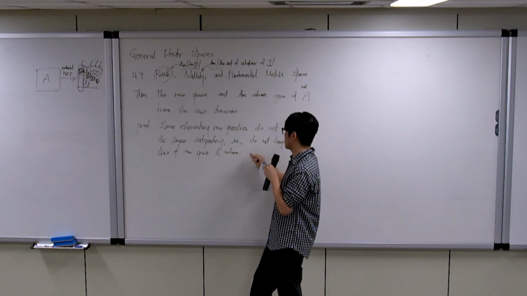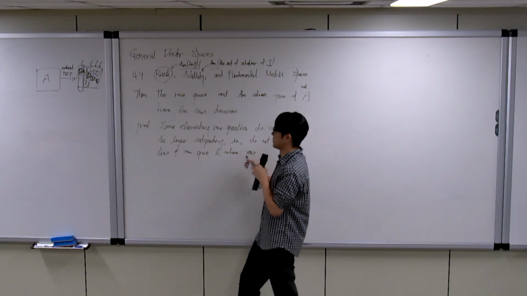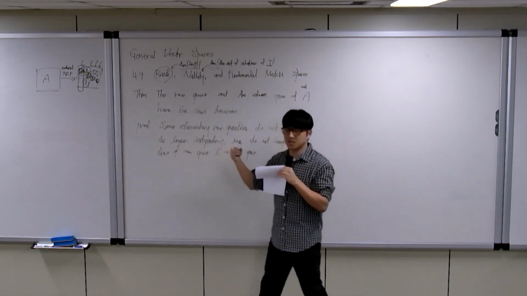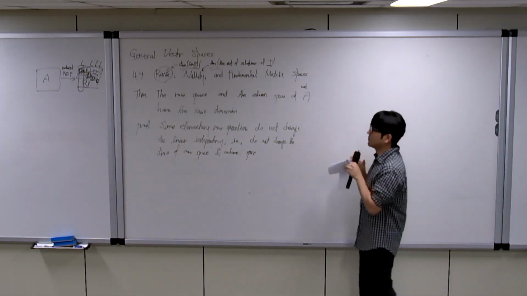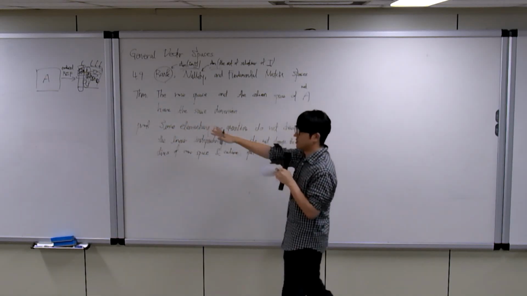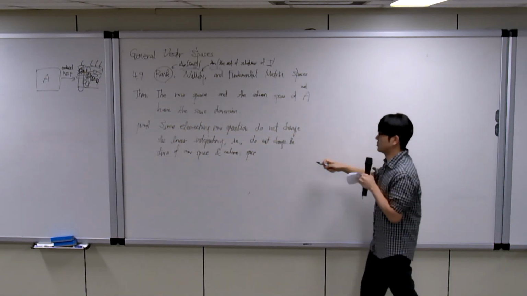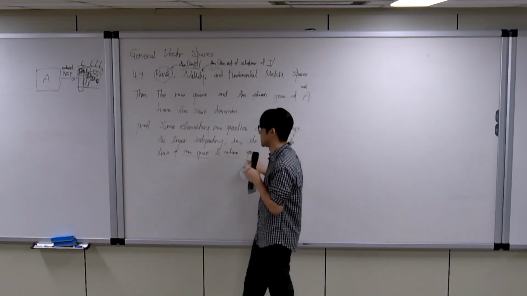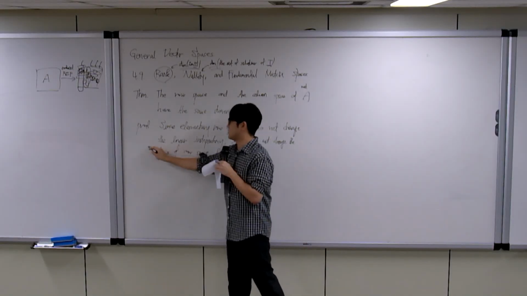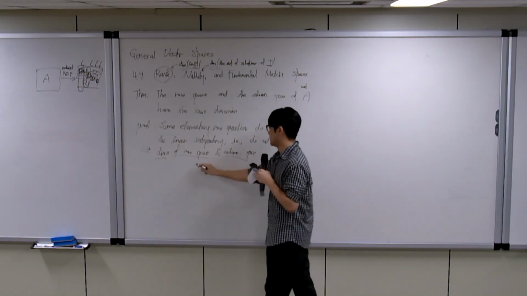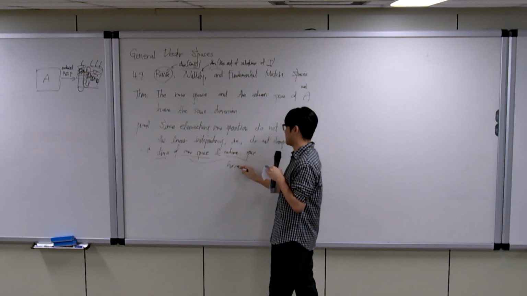And also, as I said, the number of leading ones will be the dimension of the column space and the dimension of the row space, and these are the same, so the row space and column space have the same dimension.